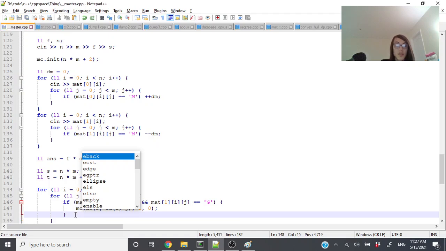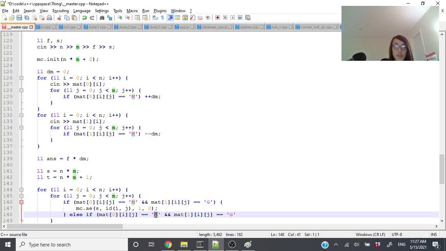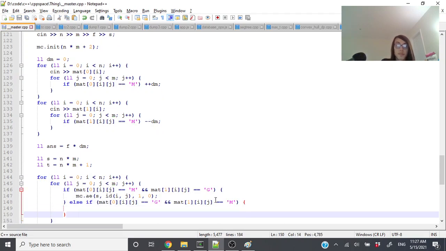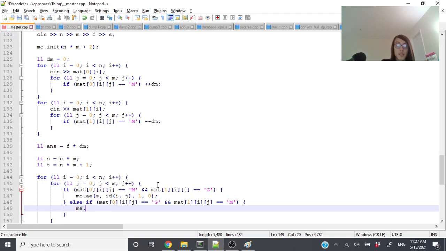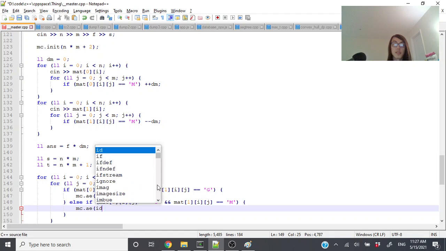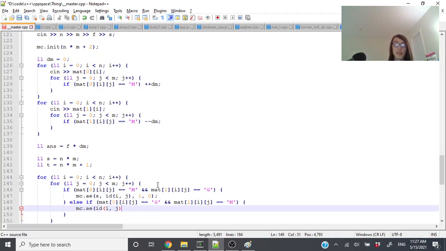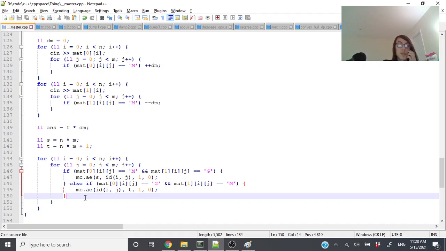Else, this is G and this is M. MC dot add edge. Now we need to get something here. So this is from this to that, and then to the source vertex, because we need to get flow to here.